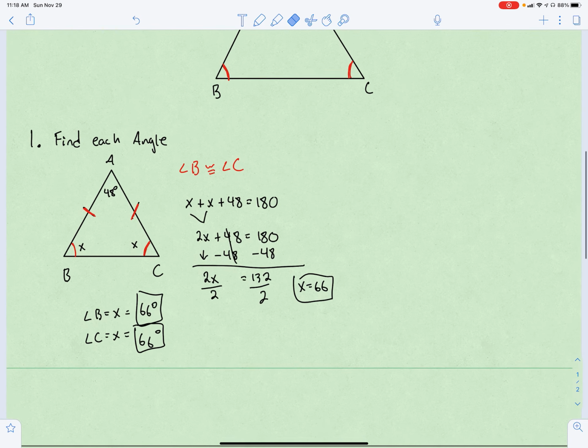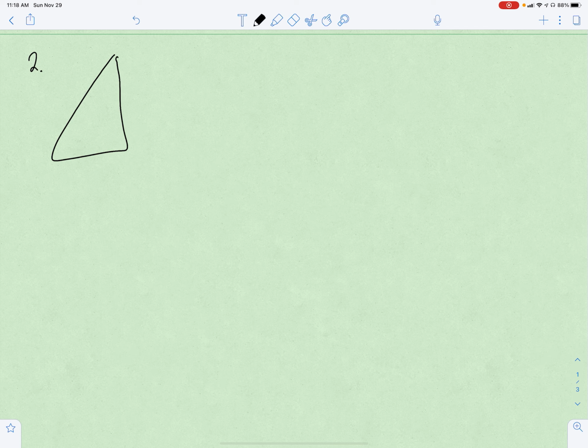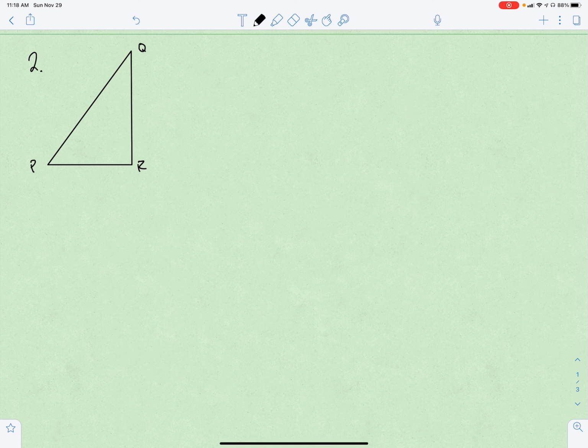We're going to look at one more. All right, again, we're going to find each angle. So for number 2, we're going to call this triangle PQR. And we're going to say that this is an isosceles triangle because those two sides are the same.